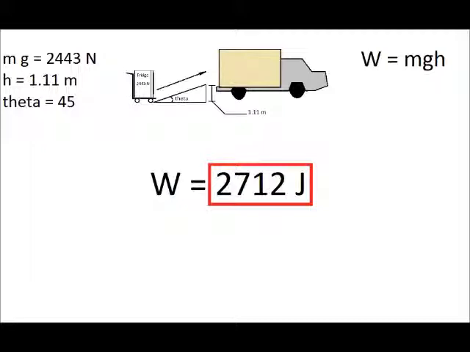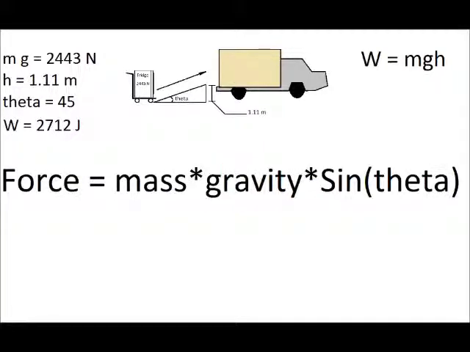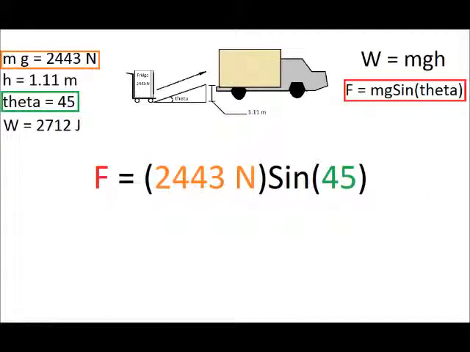Alright, and to find the force, well, that equals mass times gravity times sine of theta. Okay, so we already know theta and mass times gravity. So you just multiply 2,443 newtons times sine of 45.